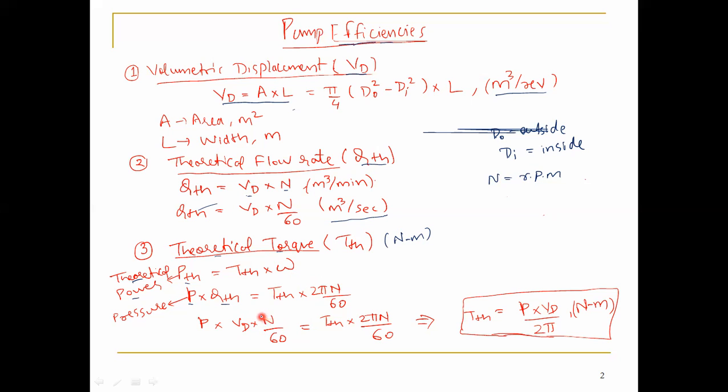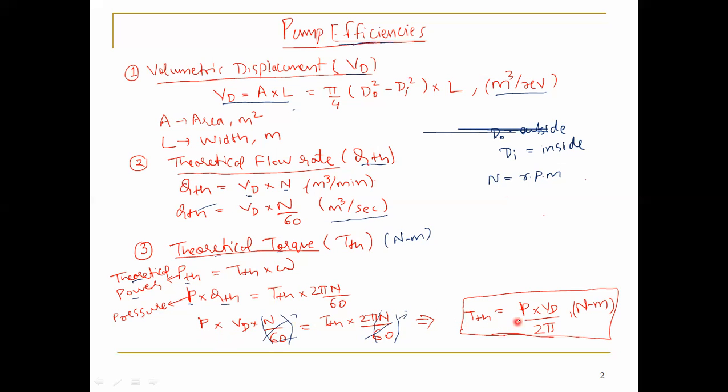You can see this n by 60 here, and here also n by 60. So this will get cancelled. What will be remaining? P multiplied by volumetric displacement Vd, and this 2 pi I bring here.